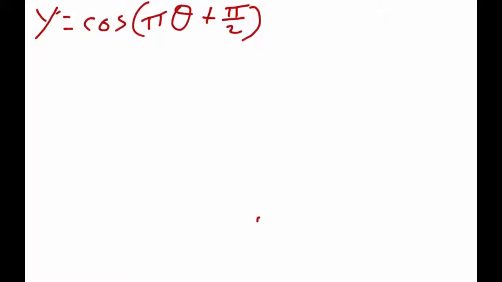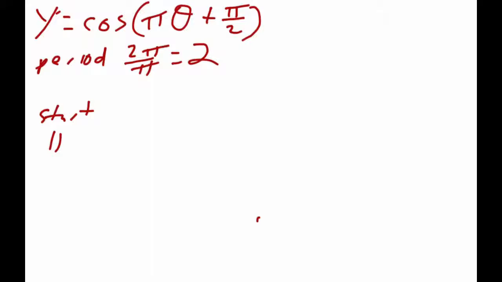Alright, let's take a look at another one here. So for my period, we have 2 pi over pi, which is 2. For my start, I'm going to set pi theta plus pi over 2 equal to 0.